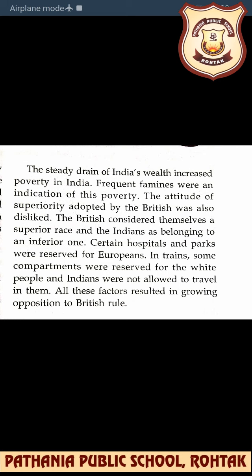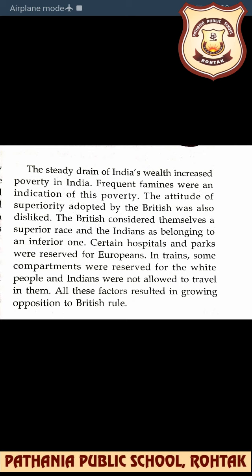And do you know, beta, whenever there were natural calamities of this type, the colonial government didn't concern itself about that. With that, the attitude of superiority adopted by the British was also disliked. These British people thought themselves superior and the Indian people inferior.